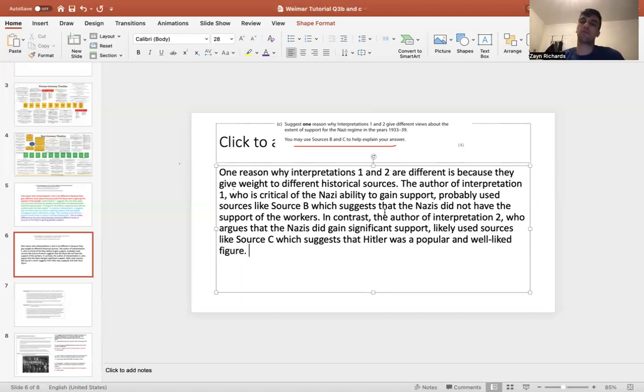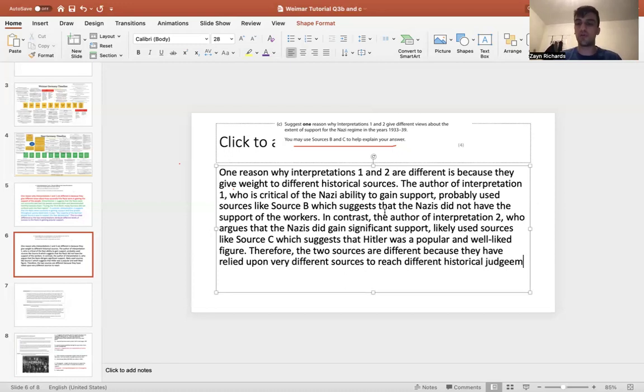Okay, I'm about 3 marks out of 4 here, maybe 4 if the examiner is generous. I would then just have 1 sentence saying, therefore, the 2 interpretations are different because they have relied upon very different sources to reach different historical judgments.